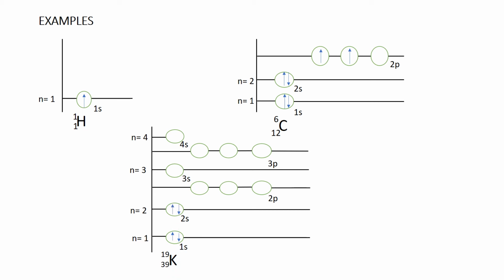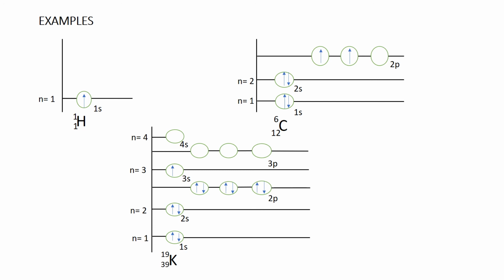We fill in the 2s orbital with the 2 electrons. Then we fill in the 2p orbitals, one electron in each of the three. Then we can go back to the first 2p orbital and put in the other electron, and the other electron, and the other electron. Remember, the electrons have to be in opposite directions to indicate the opposite spins.